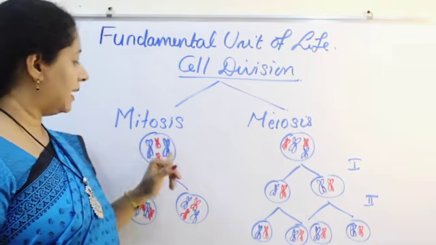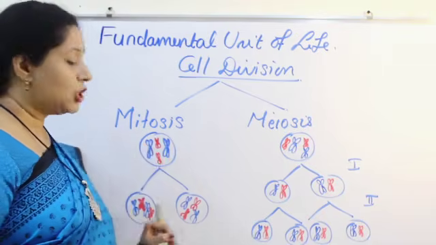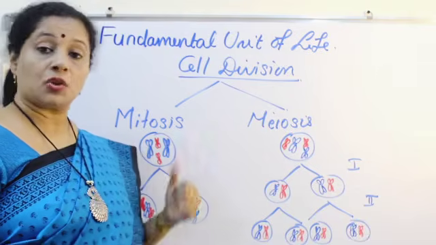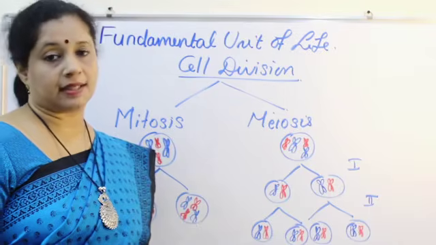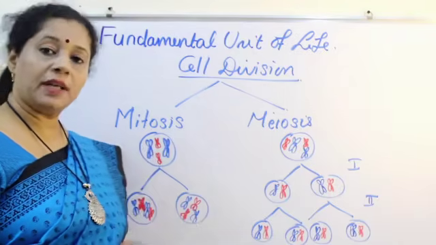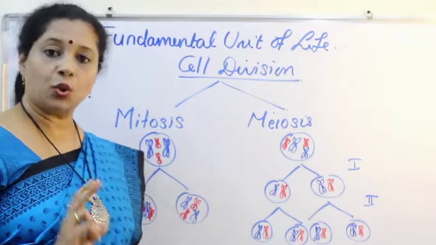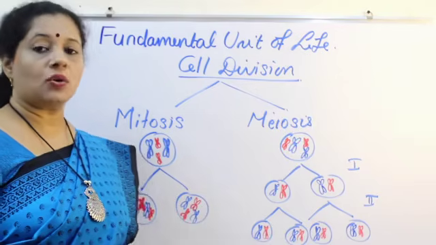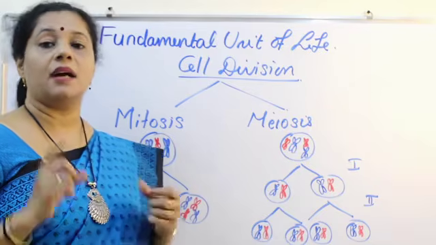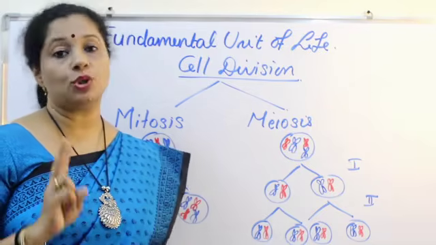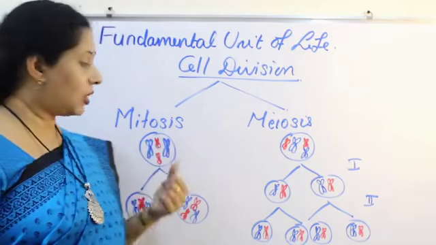So here, when the cell is dividing, we are getting 2 new cells. So this cell is called a mother cell. The newly formed cells are called daughter cells. In this case, how many daughter cells are we getting? 2 daughter cells we are getting, right? So in mitosis, we get 2 daughter cells, or rather we can say 1 mother cell divides into 2 daughter cells.